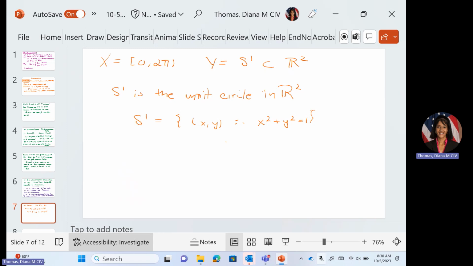So your whole space, and I'm going to put the usual topology on X. And Y is also equipped with it.